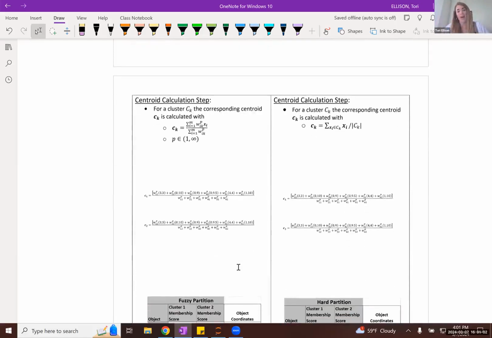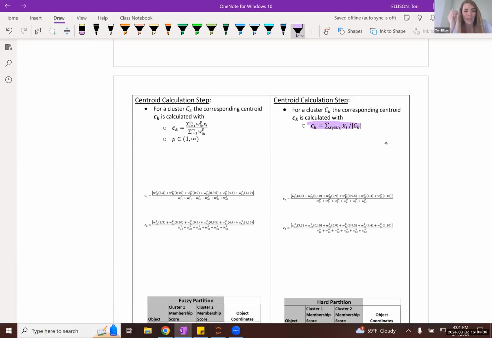Now, in the centroid calculation step, we are also going to have some slight differences, but what we can see here is that this centroid calculation step in fuzzy c-means is a generalization of what's going on in k-means. In k-means, the way we recalculate our centroids is we simply calculate the average of all points in a given cluster.